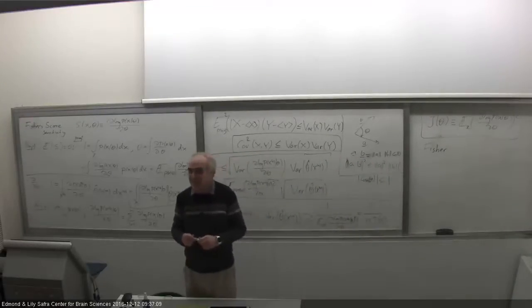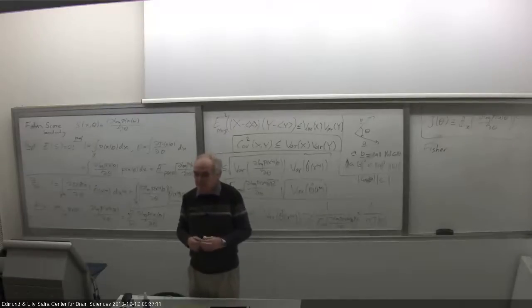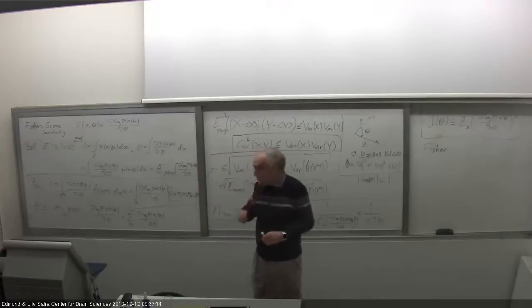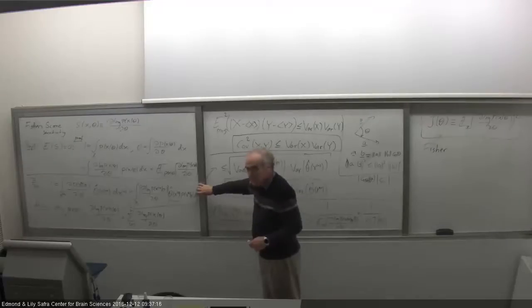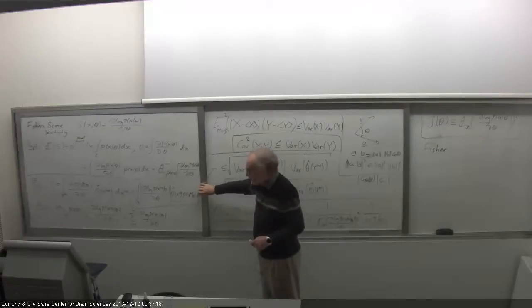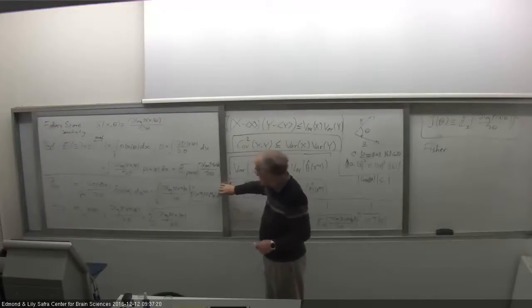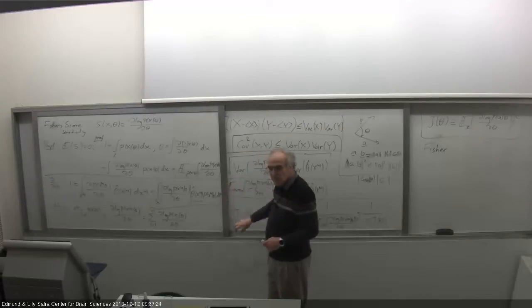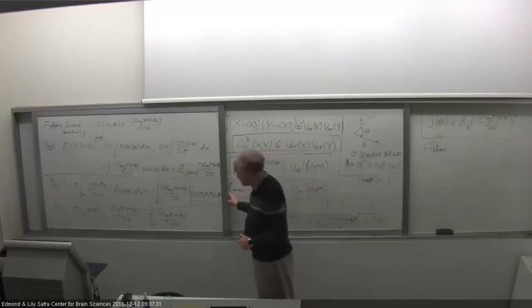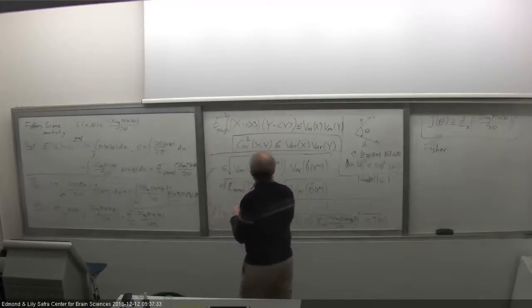Yes. Can I get back to that? How did you use the Cauchy-Schwarz analog when one of the variables is not centered? One of them has mean 0, okay, but the other one you did not subtract its mean, so it's not the covariance, the correlation. Good. Okay, so maybe I had to say something.